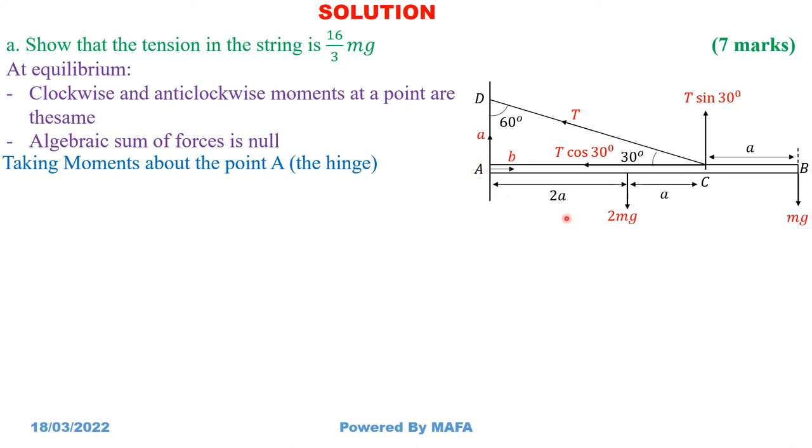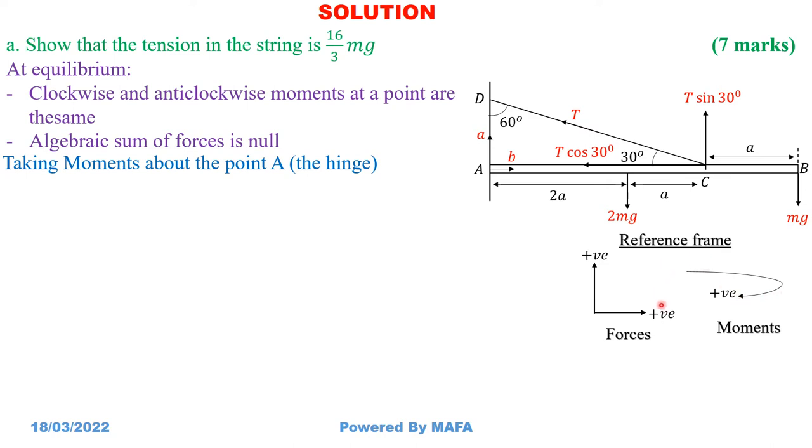First of all we need to choose our reference frame. We take the upward direction for the forces, so all forces pointing upward are positive, and to the right are also positive. For moments, if we are considering moments in this direction, that is clockwise moments, we consider this direction to be positive.